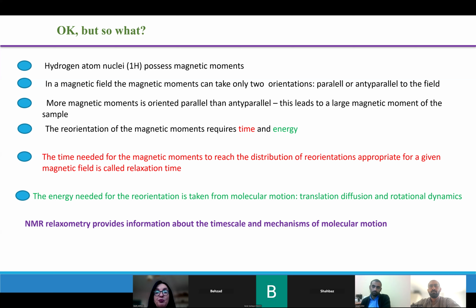So therefore, this process is associated with energy. Then, with what does the system actually exchange the energy? With other molecules, with other molecules and ions in the surrounding.